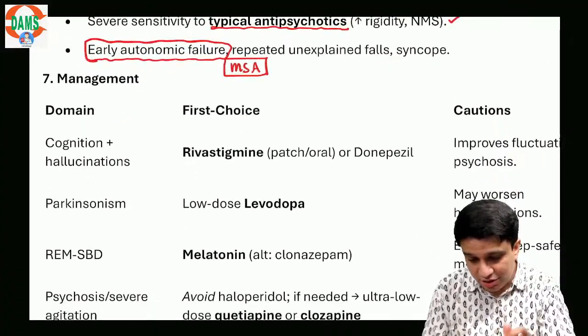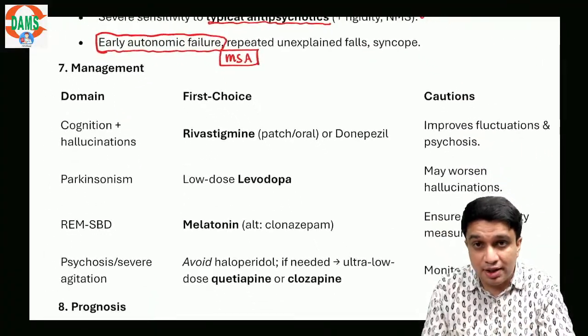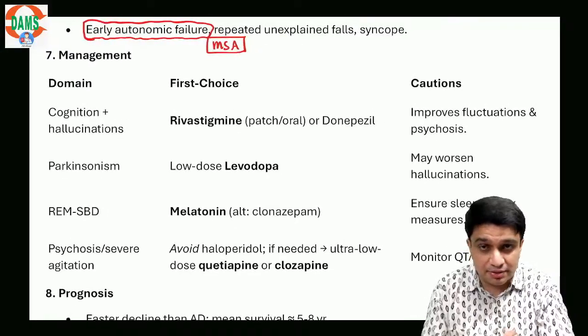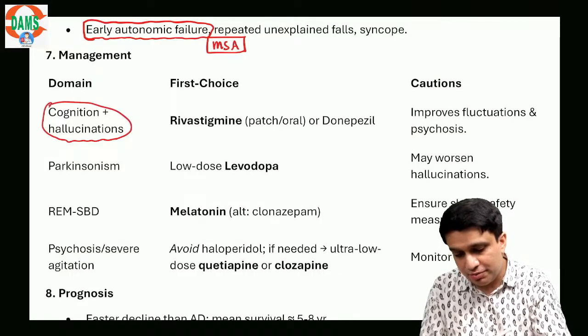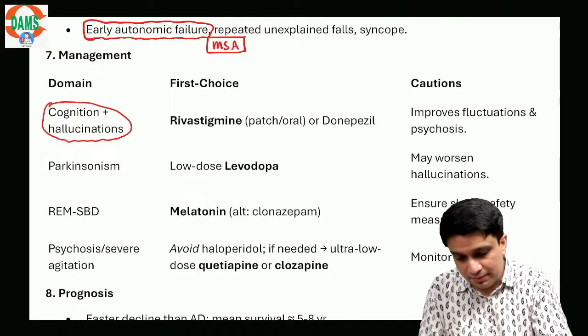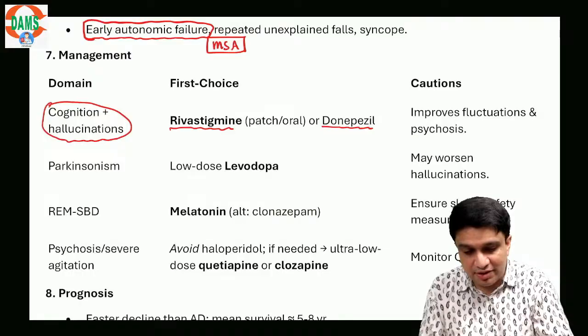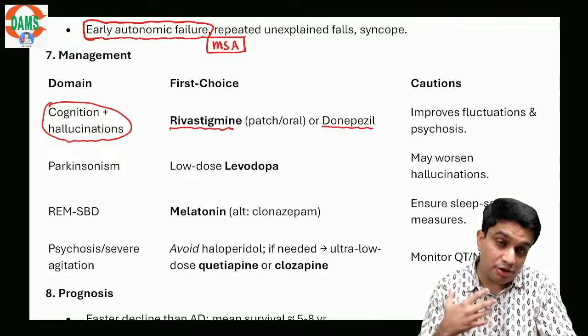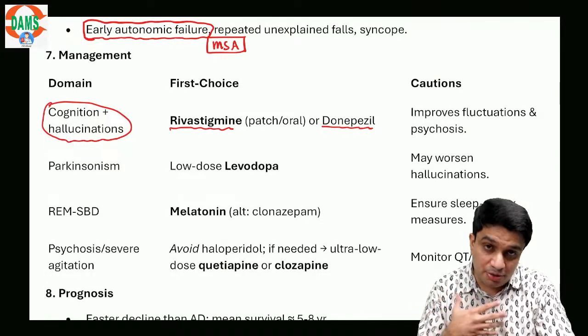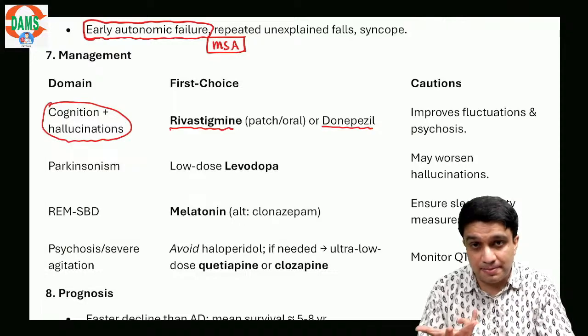What are we going to give the patient as far as treatment is concerned? In case the patient has a cognitive defect and a hallucination problem, rivastigmine and donepezil will help. To some extent the cognition or dementia part responds very well to these two drugs.